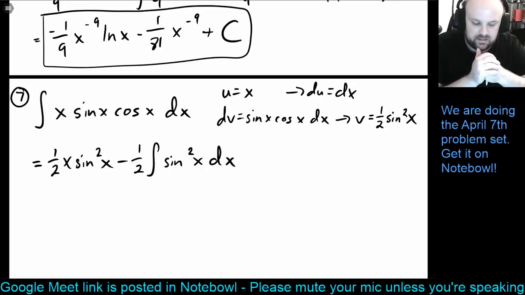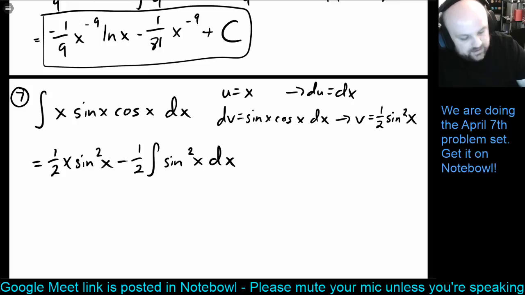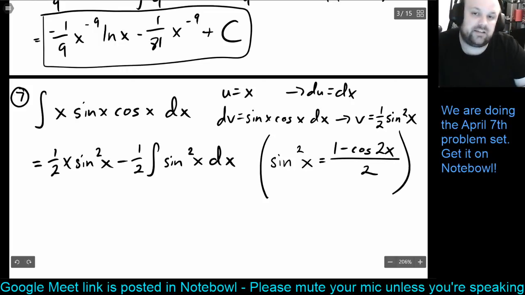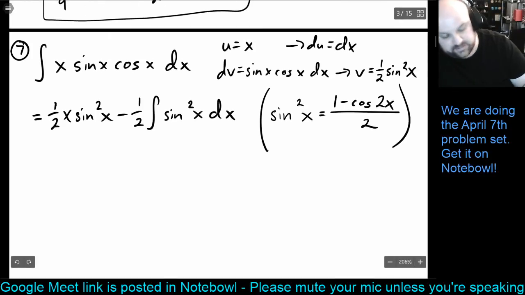Well, we need to use a trick on it. The trick for this, there's a trig identity here that says sine squared of x is equal to 1 minus cosine of 2x over 2. Right? We actually need to use this trig identity here.